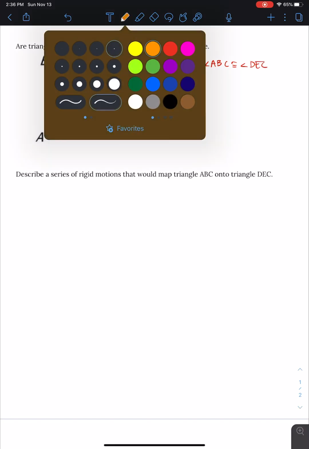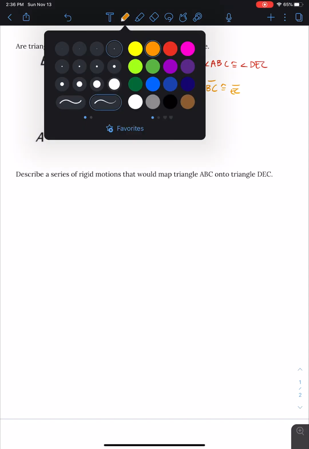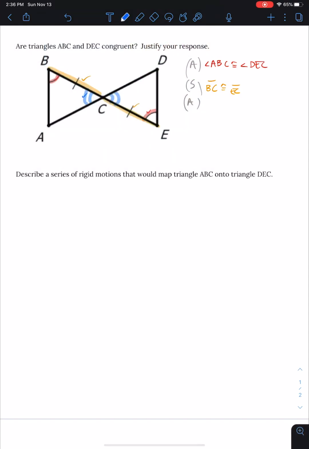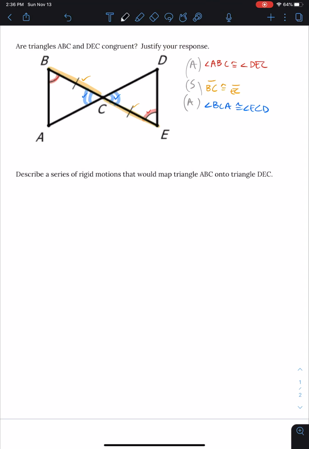We can also talk about the sides. So we can say line segment BC is congruent to line segment EC. And we can also talk about those vertical angles. So angle BCA is congruent to angle ECD. And now after our three triangle justification statements, we can say that the triangles are congruent.